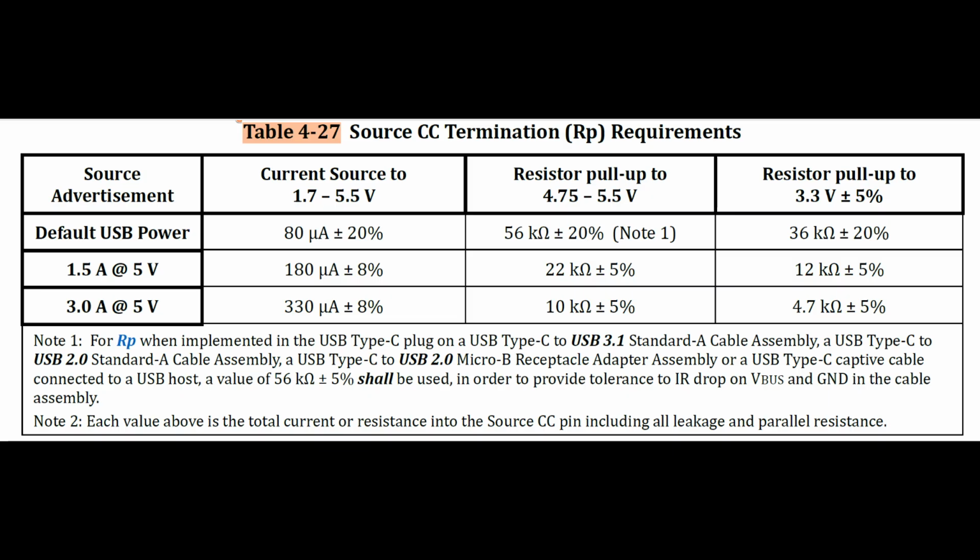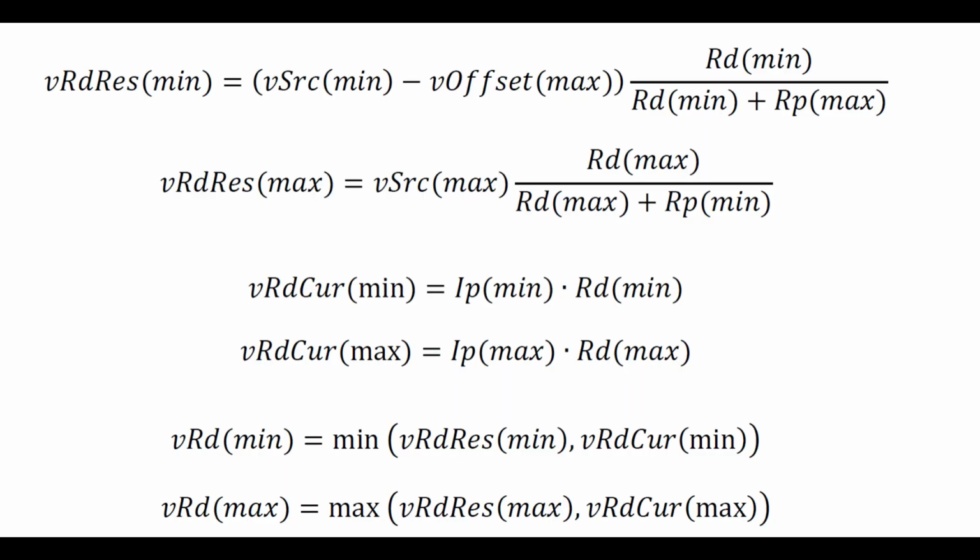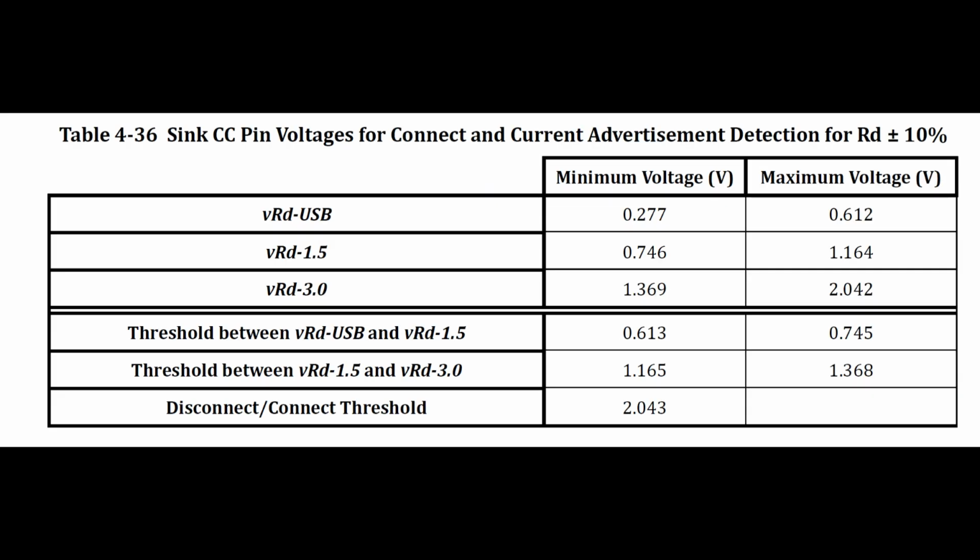Table 427 provides the mapping between RP and advertisements. Table 428 provides the three possible RD implementations for the sink. The formulas needed to decode the advertisement are provided on page 250. Table 436 provides the CC pin voltage range for each of the advertisements, assuming the sink uses the RD plus or minus 10% implementation.